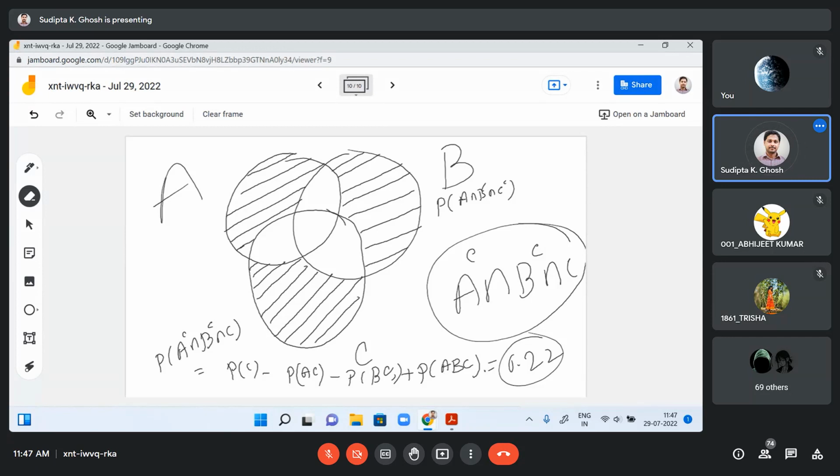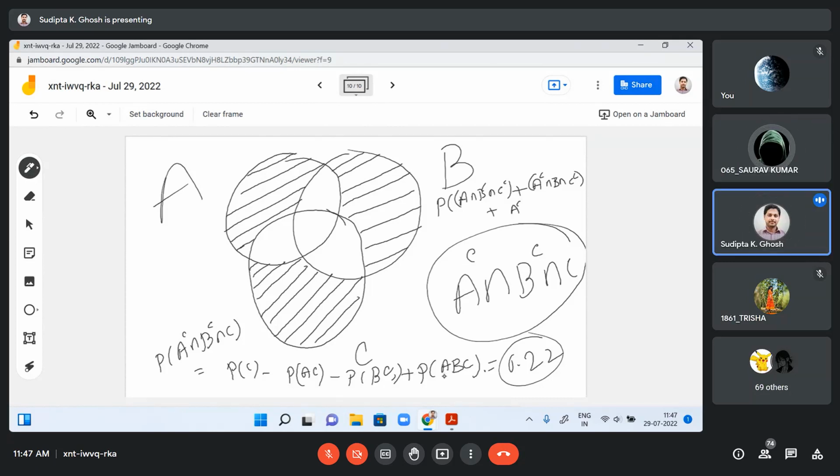Then giving the plus or union, whatever you call it, plus. Then I am writing A complement intersection B intersection C complement, okay? Plus. The last case is A complement intersection B complement intersection C. Right.